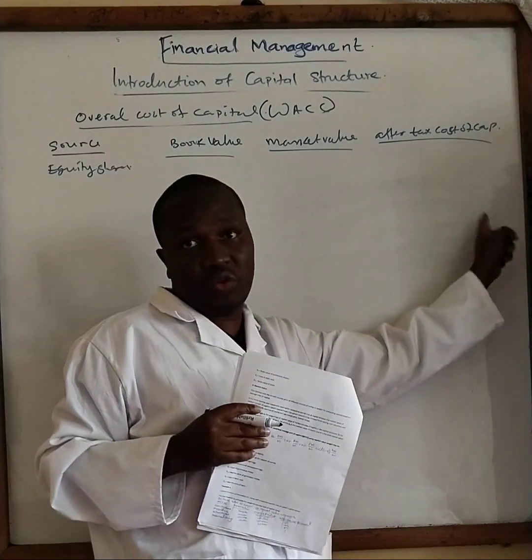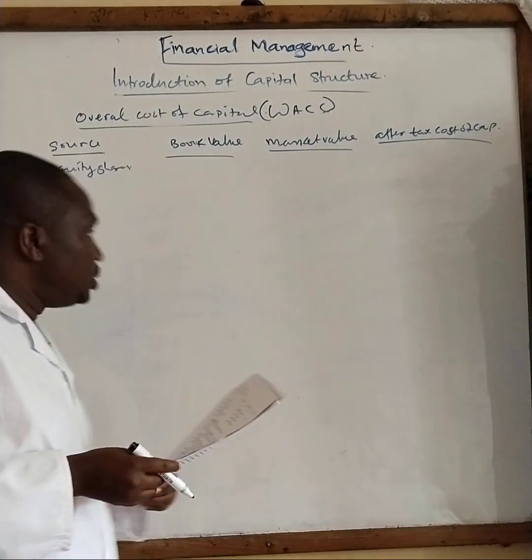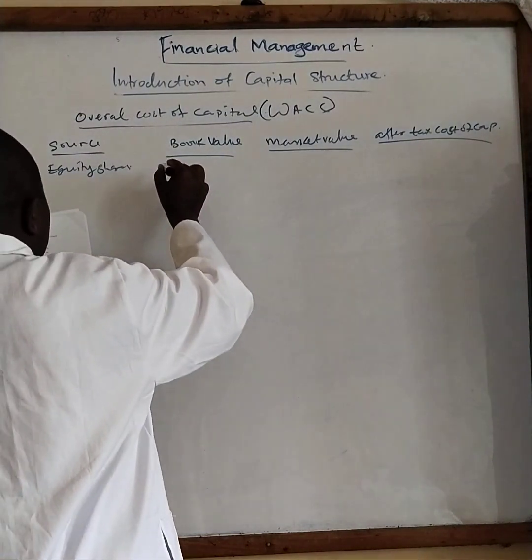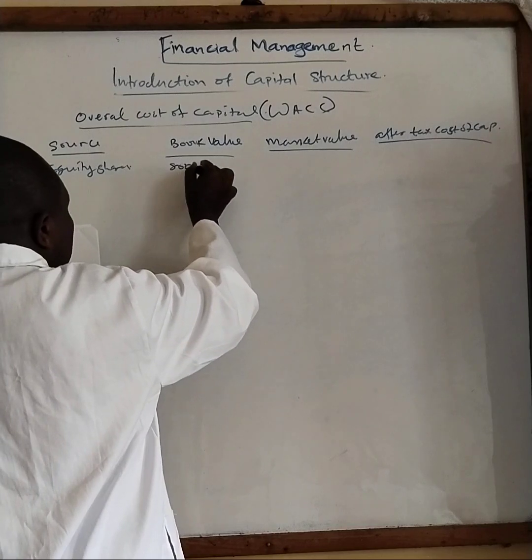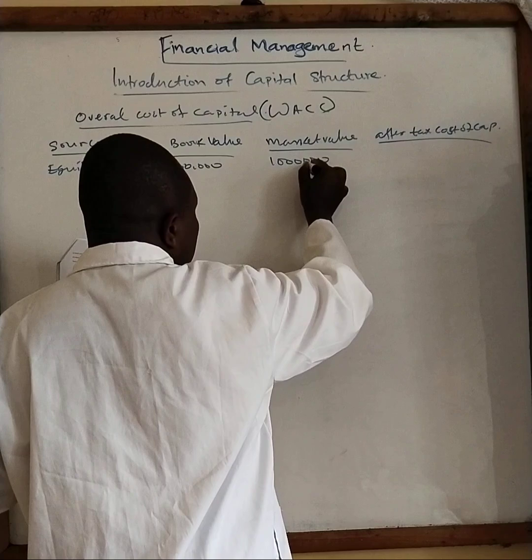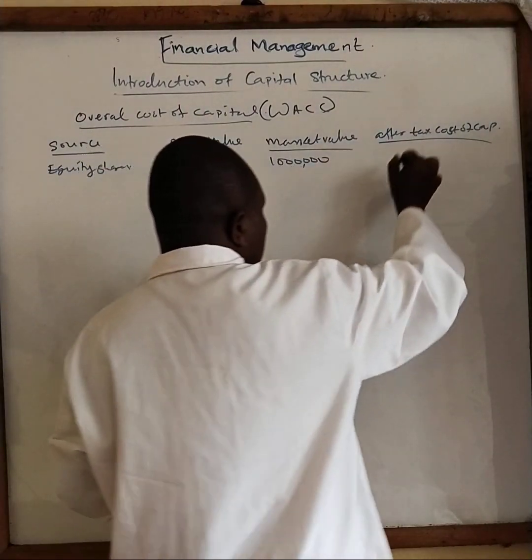This is where we have the cost of capital for each source. We have equity shares, where book value is 800,000, market value is 1 million, and cost is 15.